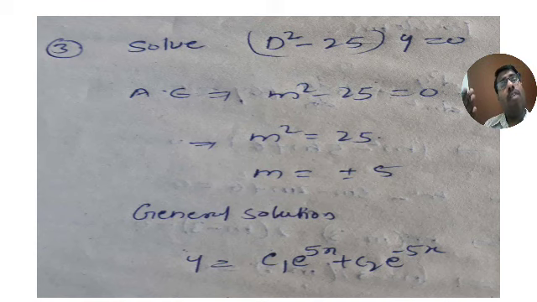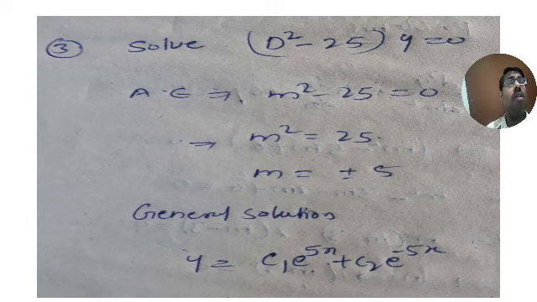From the operator form, substitute m in place of D and remove y, and you get the auxiliary equation. The auxiliary equation is a quadratic. Solve or factorize it to get the two roots. Depending on the roots, whether real and different, real and equal, or complex, use the formulas to write the general solution. Very easy. Are you getting?